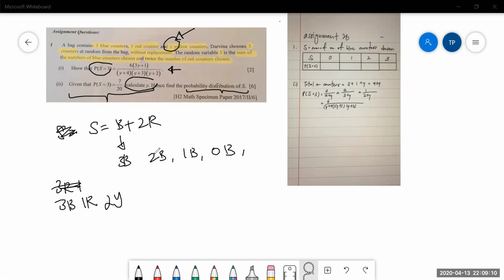So it can be 3 blue, or 2 blue 1 red, or 2 blue 1 yellow, or it can be 1 blue, 1 red, or 1 blue. No, we're looking at the different combinations. It can be this combination, it can be this combination.